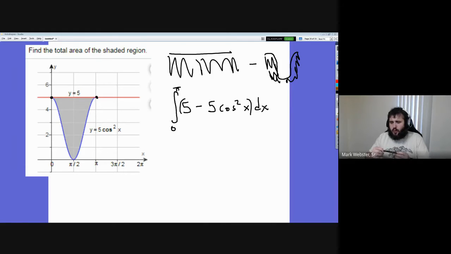So how are we going to do that? Well, cosine squared, there's a formula for this, the double angle formula. If we know cosine squared of x, I'm going to put this down here. Cosine squared of x is the same thing as 1 plus cosine of 2x over 2.